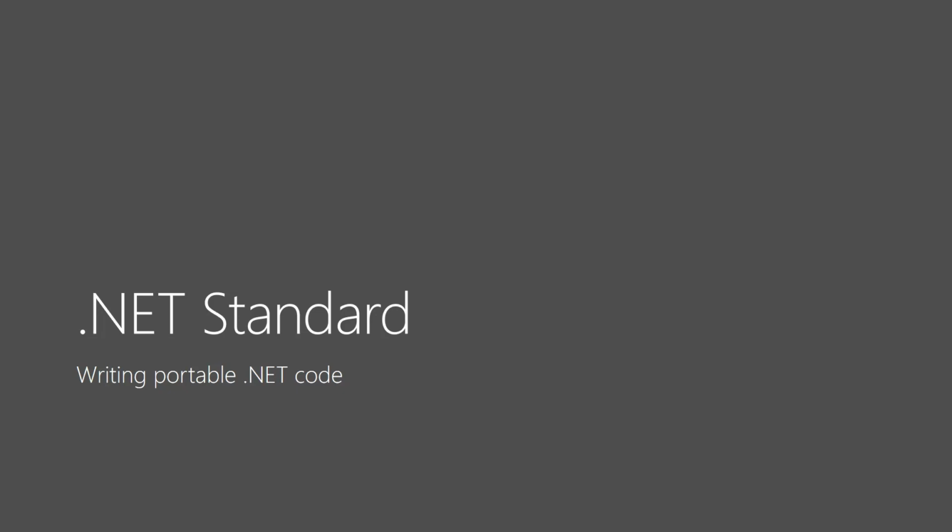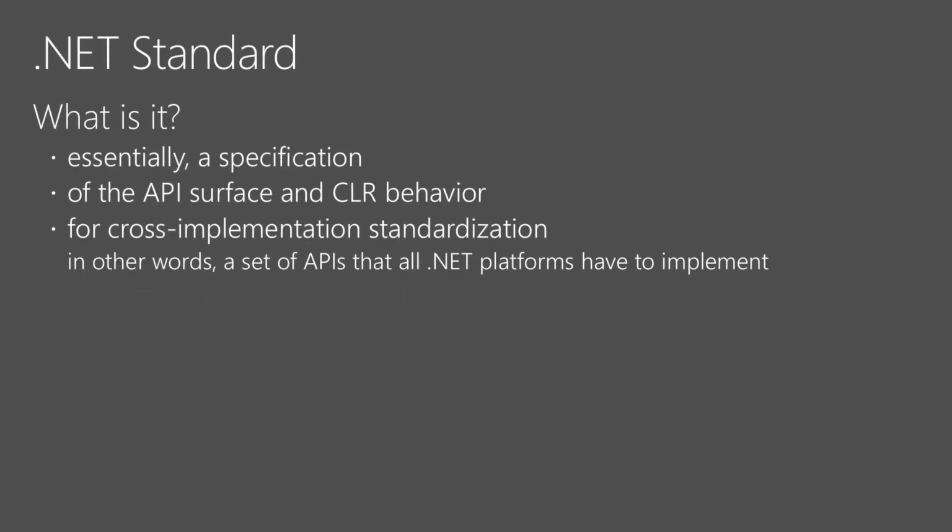But we're here to talk about .NET Standard, so let's talk about that for just a second. The first question is, of course, what is it? Part of the reason I've been spending so much time talking about specifications is because that's what .NET Standard is. It is a specification. It is a declaration on behalf of Microsoft to all of the developers that want to use this platform that when you build something that targets .NET Standard, there are these things, and there's a whole list of things, mostly APIs, that will be present on this platform when you start working.